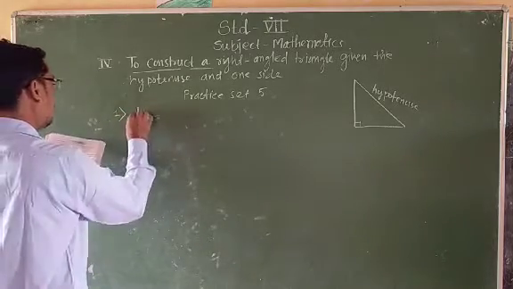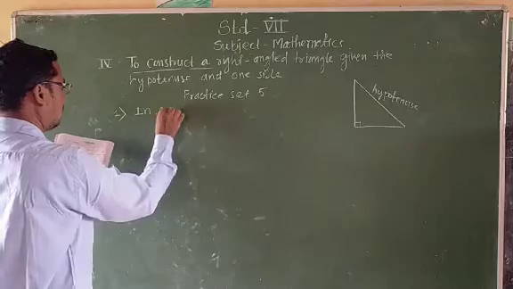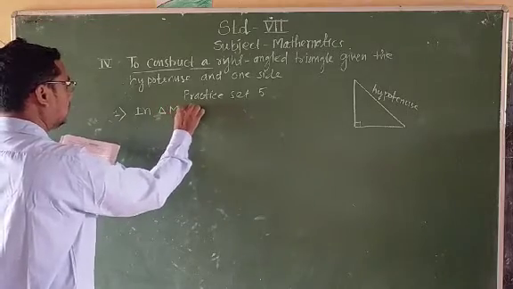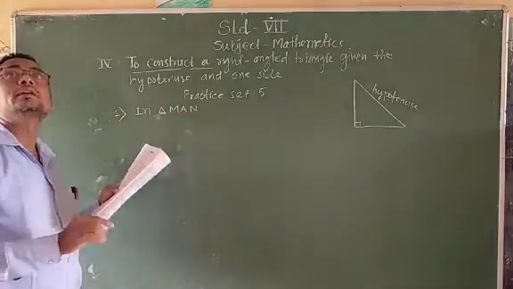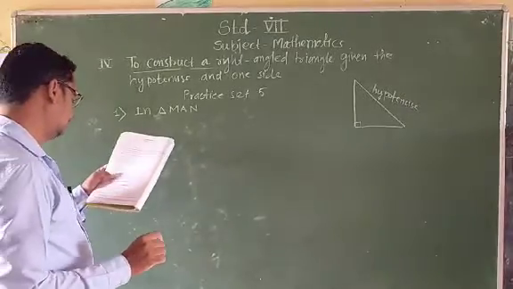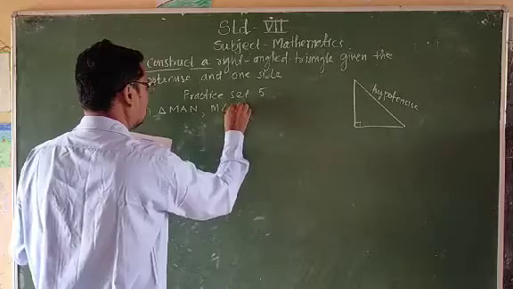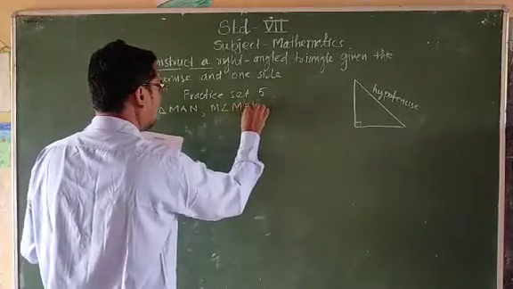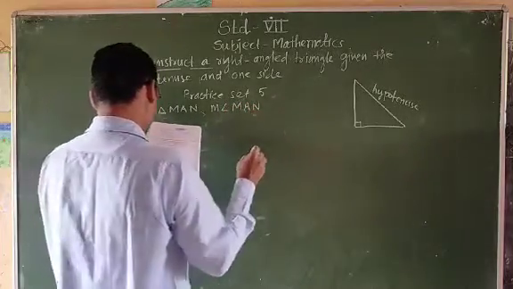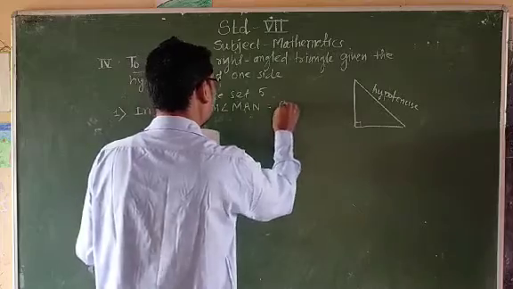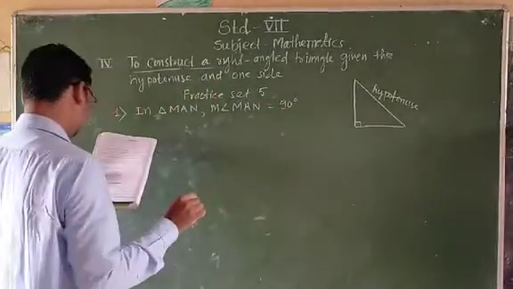In triangle MAN, measure of angle MAN equal to 90 degrees.